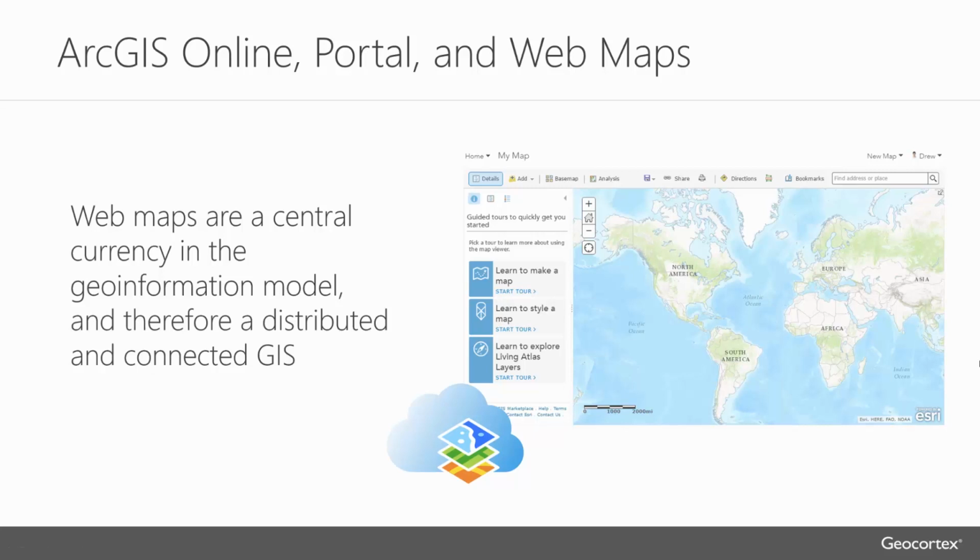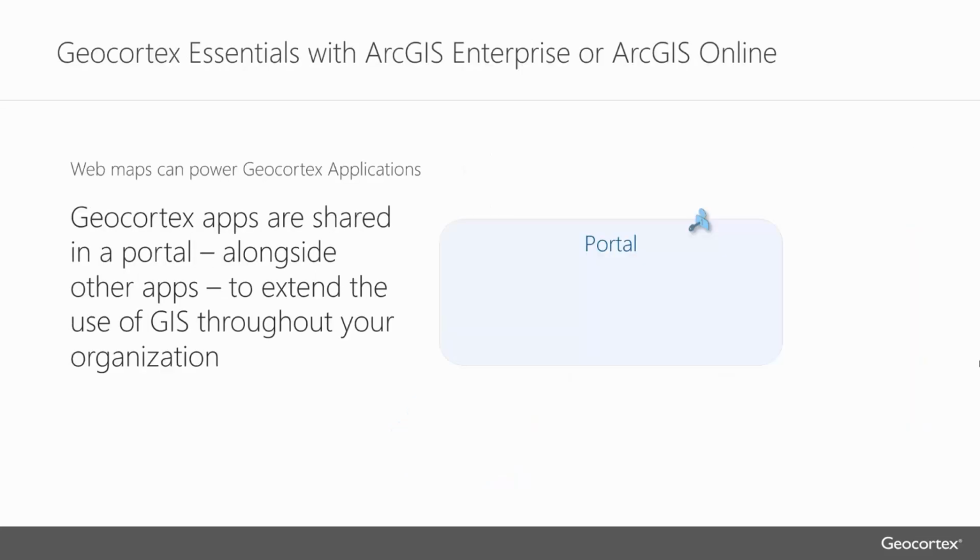ArcGIS Online and Portal introduce web maps, and that's really the central currency as part of a WebGIS deployed using the ArcGIS platform. When we use Geocortex Essentials with ArcGIS Enterprise or ArcGIS Online, web maps become an intrinsic part of this equation. Here we can see multiple users or groups of users signing in to a portal.